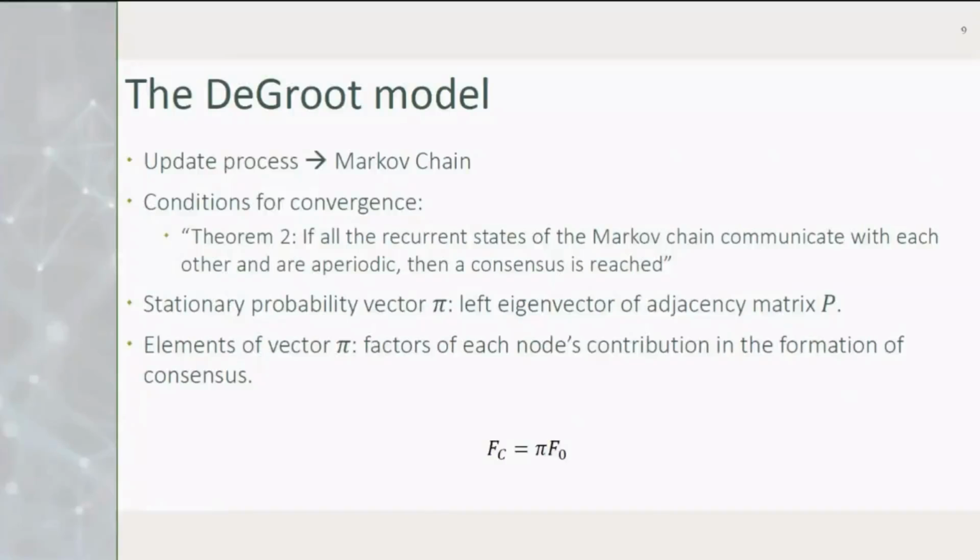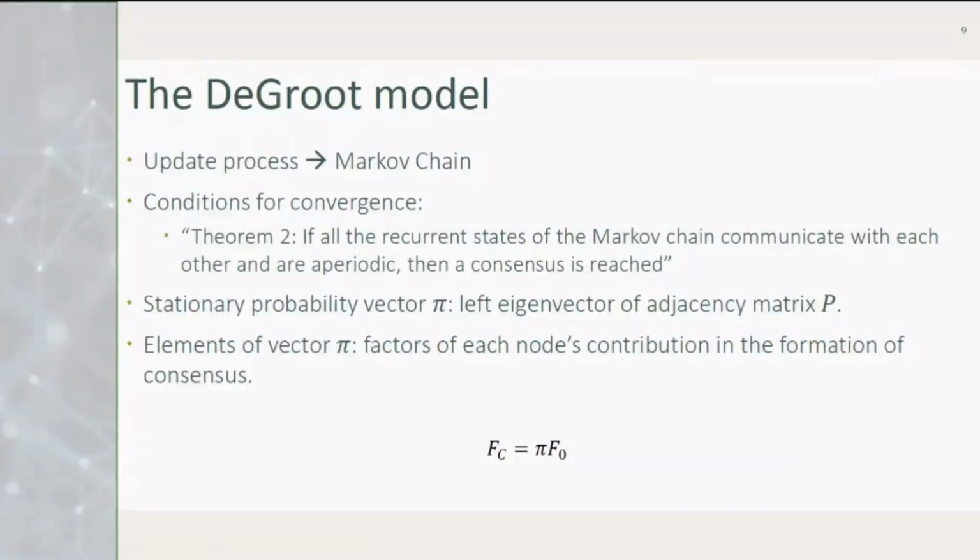Anyone who attends a course in stochastic processes, Markov chains are the main, the first steps that he has to be acquainted with. So DeGroot modeled his opinion update process, and he studied the convergence of the model. He examined the conditions under which the network reaches a consensus. It is stated in Theorem 2.